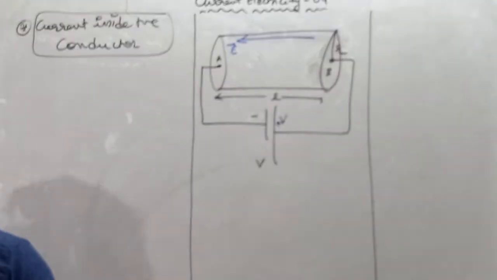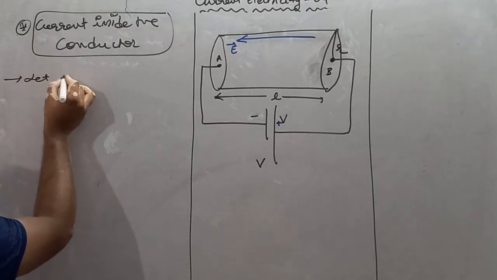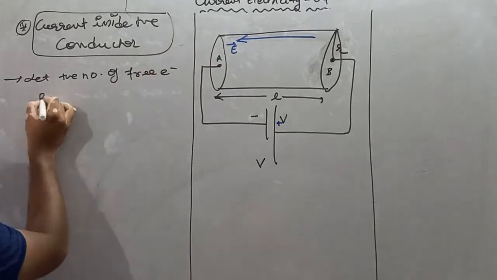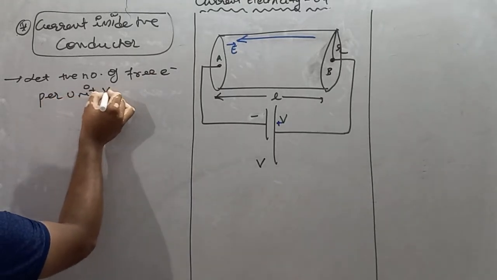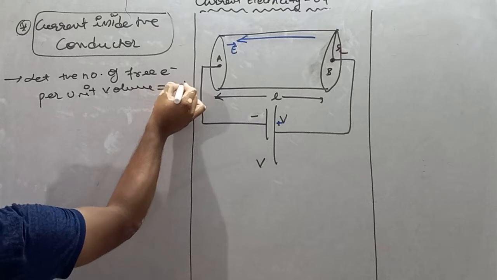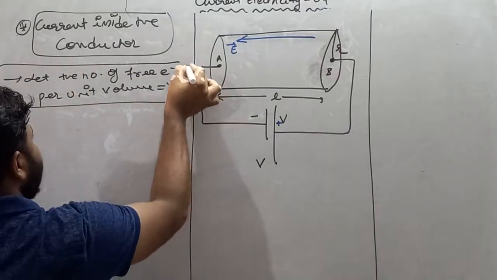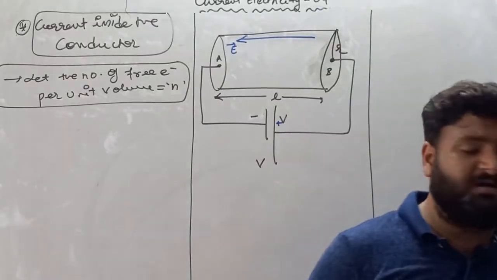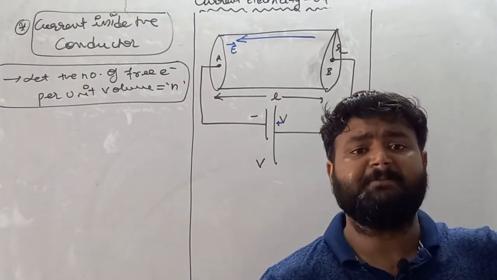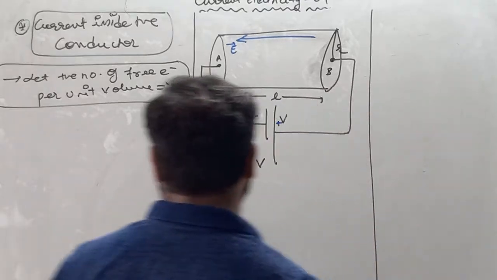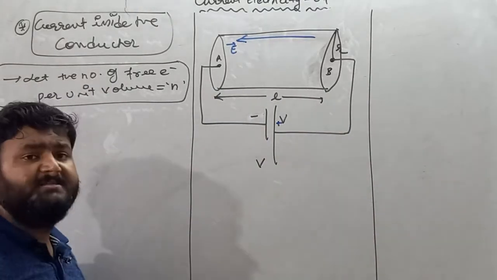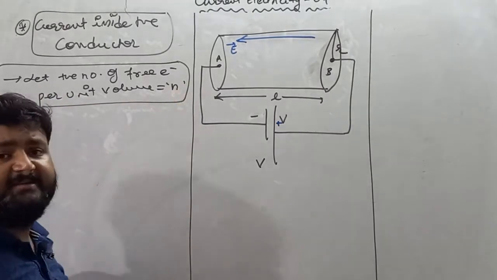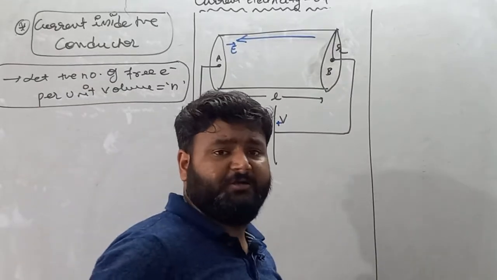So n is the number of free electrons present per unit volume.